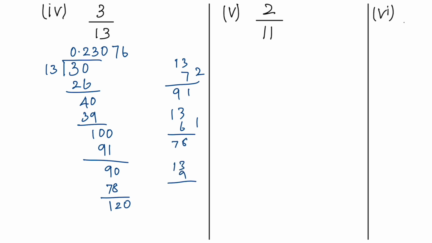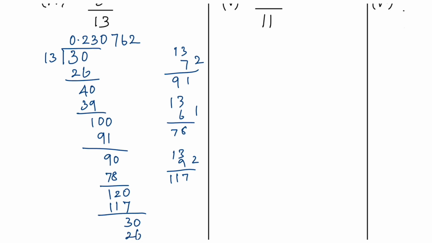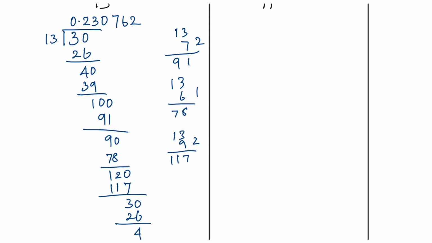So 13 times 9 gives you 117, and that gives you a remainder 3. Again, it starts right where it left. Okay, so 30, you would write 2 here, which would give you 26 here, and it goes on. Again you get a remainder 4.